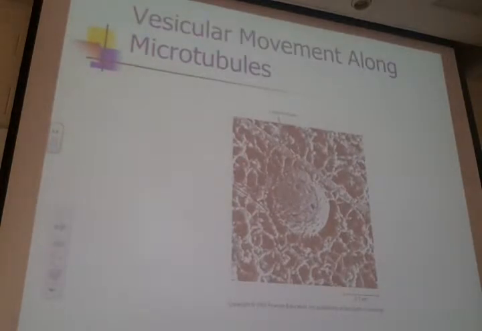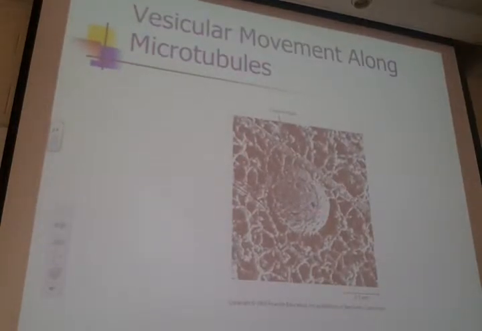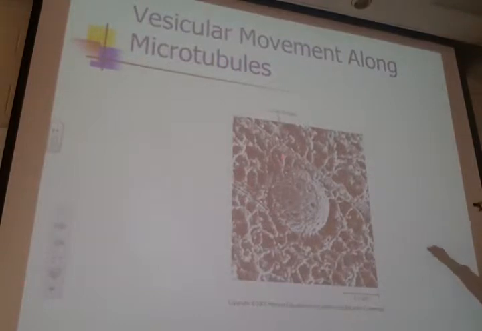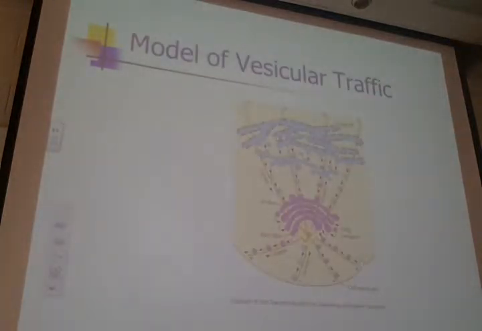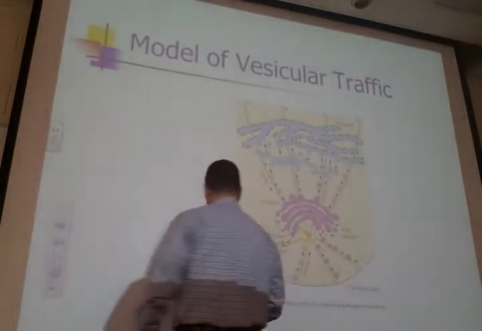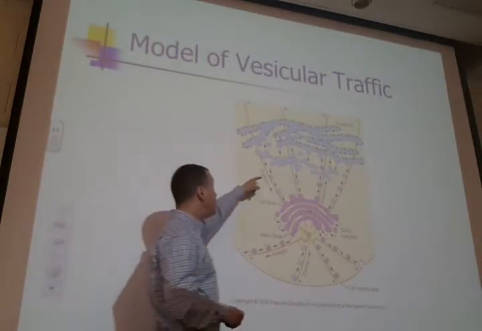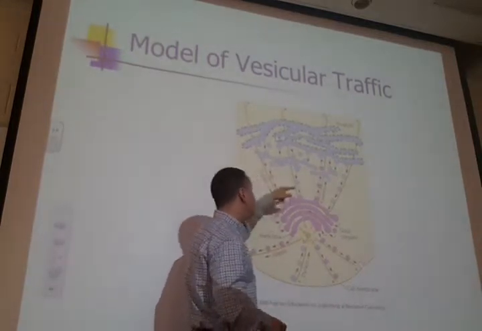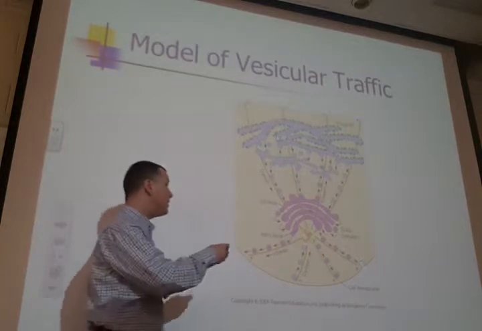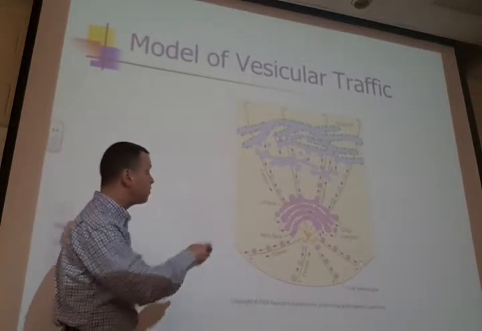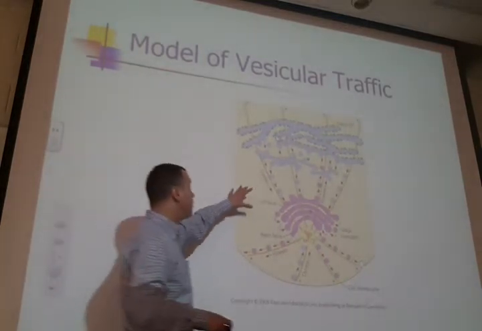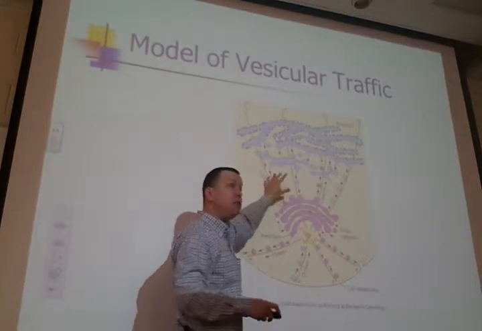Okay, and again, we do have microscopic evidence of this. So here's some kind of little vesicle, and the proteins attached to it kind of are walking it along this microtubule here. So again, just to link this back to what we were talking about earlier this week and late last week, all those vesicles that are moving from the ER to the Golgi to the cell membrane, and sometimes moving in from the cell membrane or backwards to the ER, all those vesicles are actually being moved in this way.